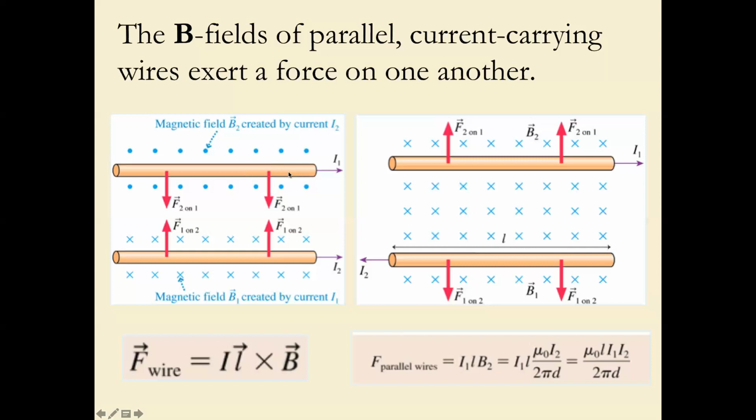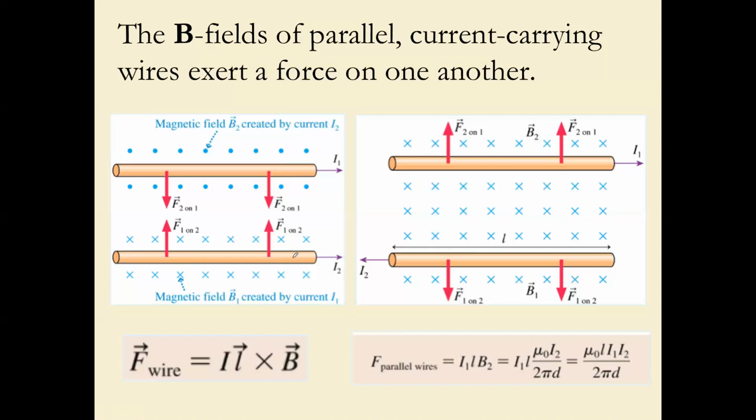So for the first wire, put your right thumb in the direction of the current, curl your fingers around the wire, and you will see that there will be an inward magnetic field at the location of the second wire. So that's why this magnetic field, which is into the page at this point, is created by current 1.